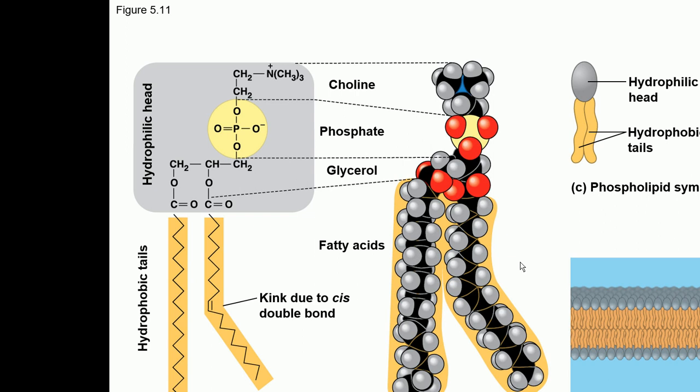So they are going to form the bilayer, because in this arrangement these hydrophilic heads are facing water, and the hydrophobic tails are facing each other, because hydrophobic tails are afraid of water, so they cannot face water. So they face each other, and in this arrangement they are protected from exposure to water.